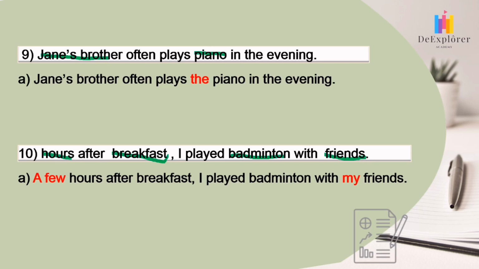Games like badminton, football, hockey, rugby have no article or determiner in front. With whom? With my friends. So that's all. There are 10 sentences, and you will have to copy all of them into your Grammar 1 exercise book.